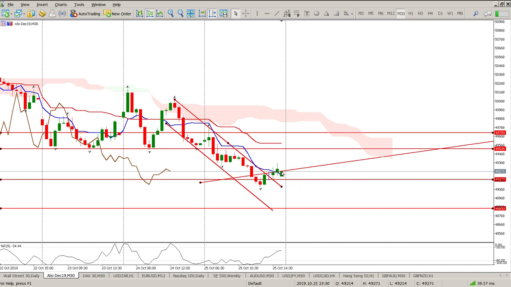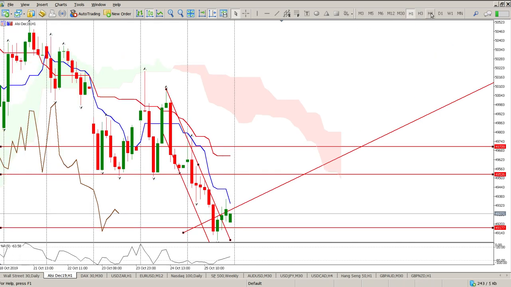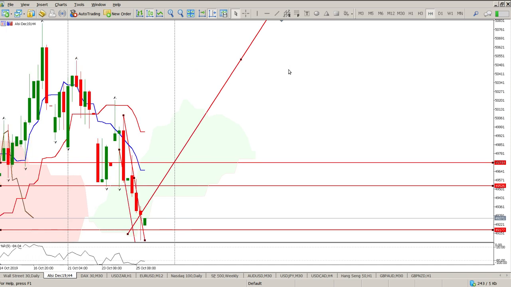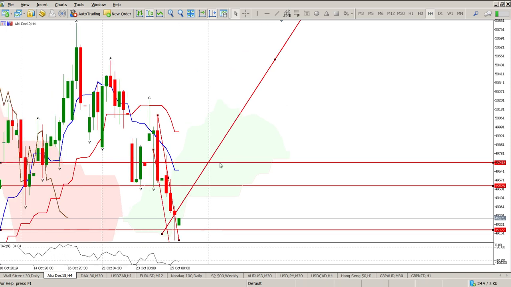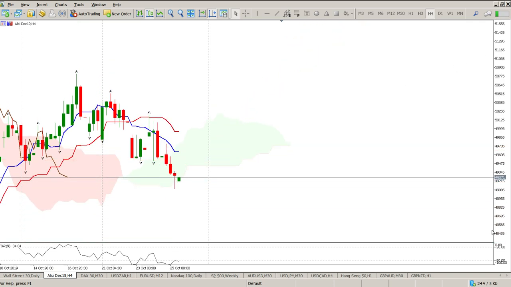So I'm looking for a move to the upside, 49,500, even as far as 49,700, which is the underside of the cloud on most of, and it also coincides with Kijun-sen on a lot of time frames as well, including probably 4 hours Tenkan-sen. So okay, anyway, that's kind of what I'm looking for at the moment.